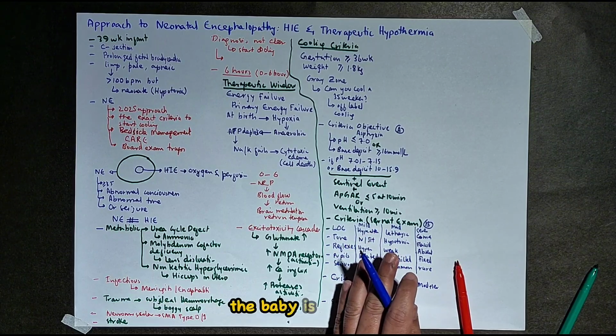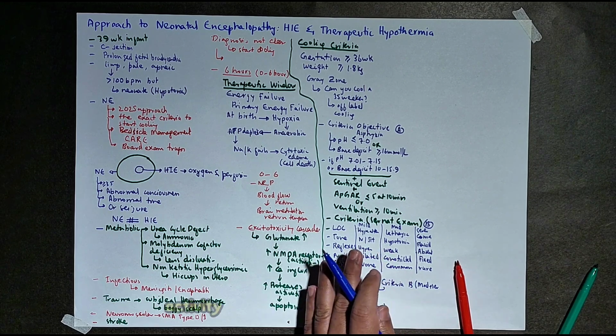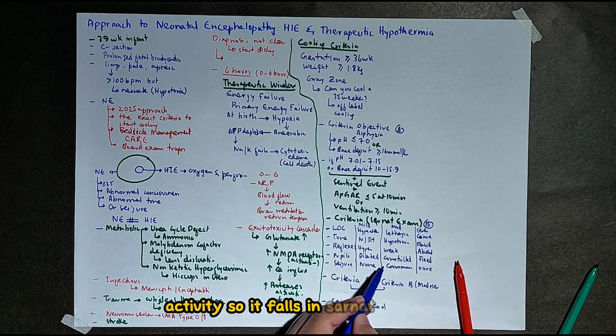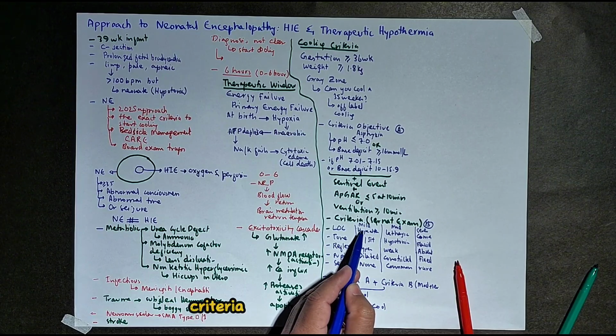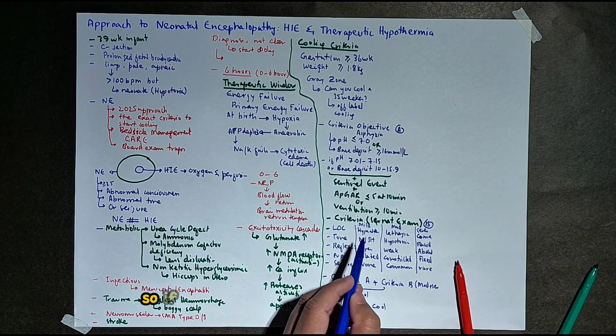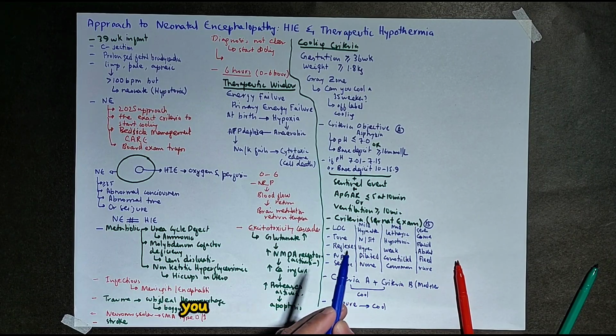The baby is alert, sucking, and having activity, so it falls in Sarnat exam criteria mild, that is stage 1. If one of the criteria is not met for cooling, you should not cool that baby. So here the answer is, you should not cool the baby.